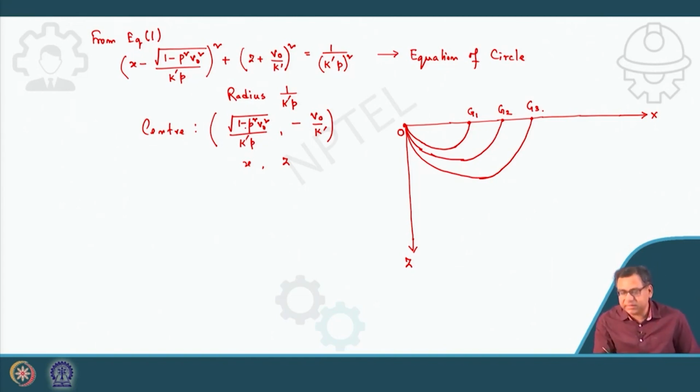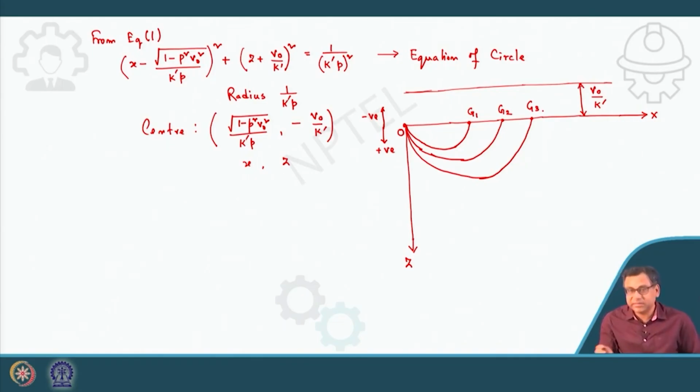It is not a material parameter, it is not constant. So now let me explain in more detail. If I say this side is positive, this side will be negative. Now we can say, suppose this line represents a distance which is V0 by k dash. This line represents V0 by k dash. See?